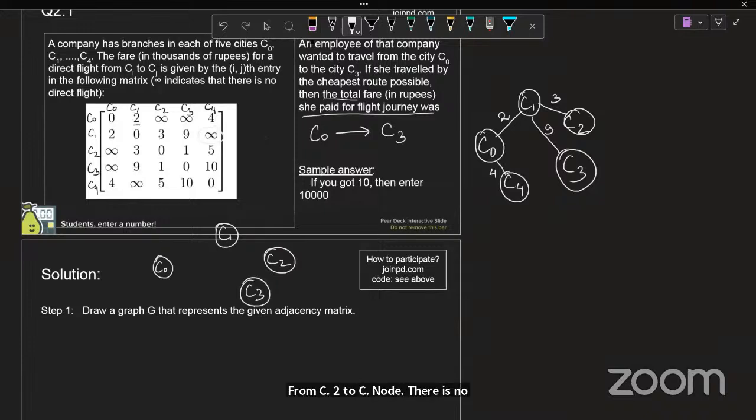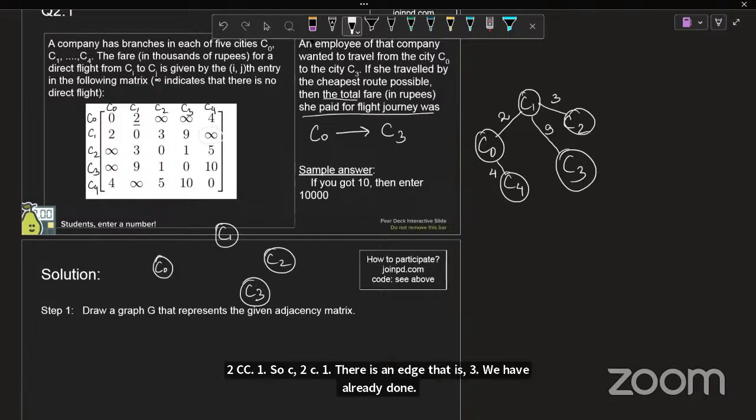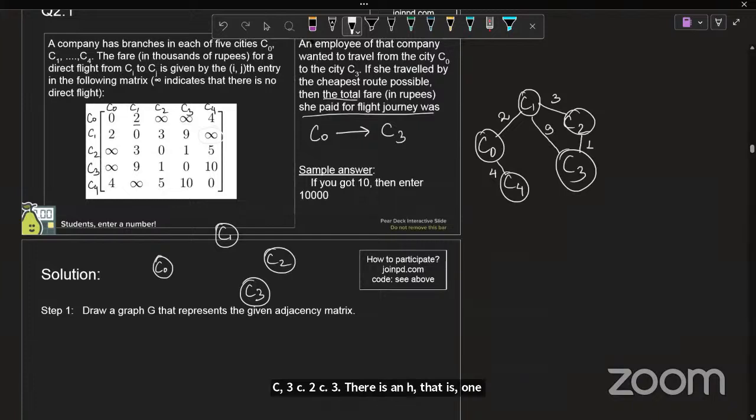C2 to C1, there is an edge that is 3. C2 to C2 is 0. C2 to C3, there is an edge that is 1. C2 to C4, there is an edge that is 5. Done with C2.